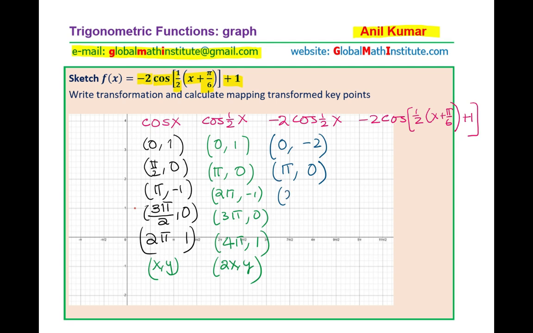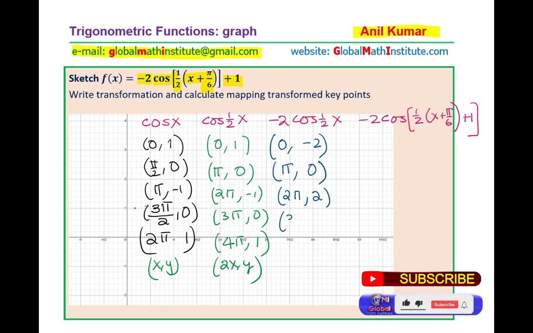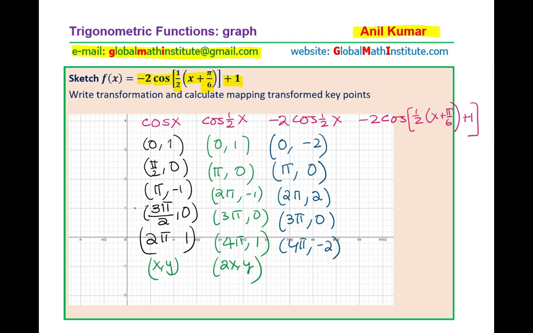Now the third one, at 2 pi, the value will be minus 1 times minus 2, which will be plus 2. And at 3 pi, again 0. At 4 pi, we expect 1 to become minus 2. So the graph is actually reflected. And as you can see, at this stage, the y values are minus 2 times the initial y value. Correct? See how the points are changing.